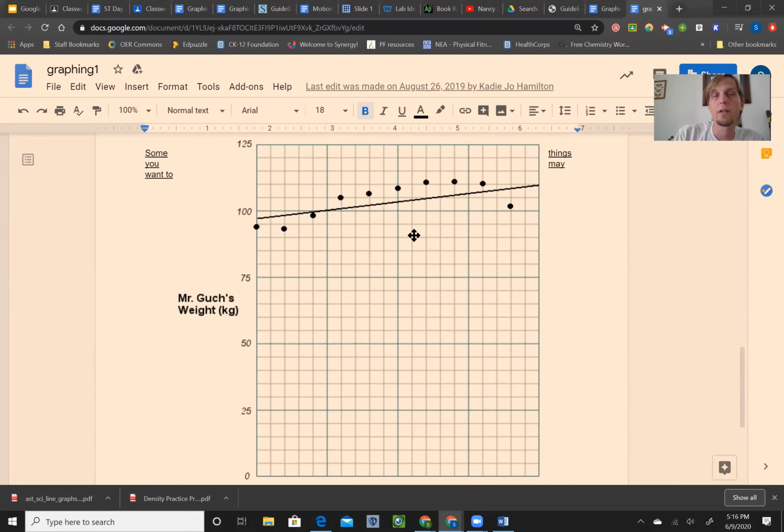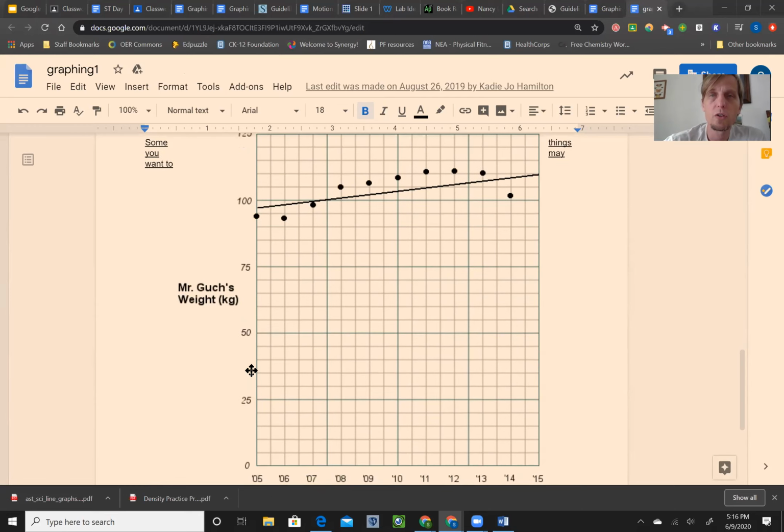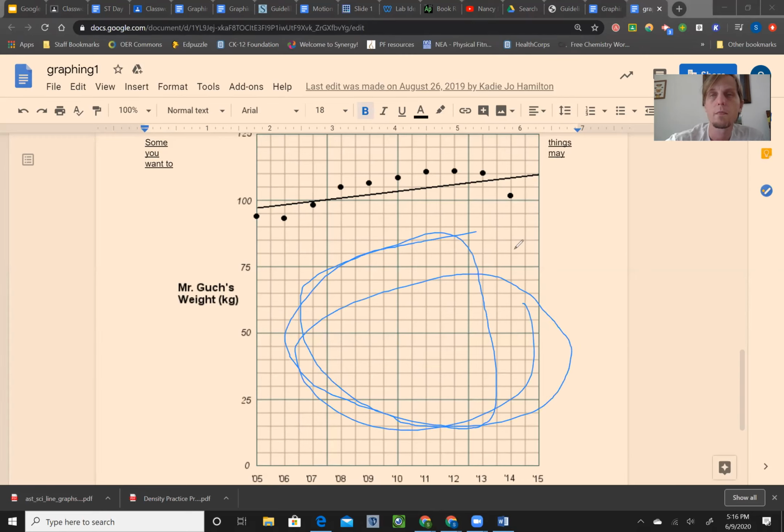Now, right here, this is actually an example I forgot to use in class that shows what not to do. If you came up with this, you would be correct technically, but by convention, look at all this waste of space here. What is all this telling us? Nothing, right? It's not saying anything.